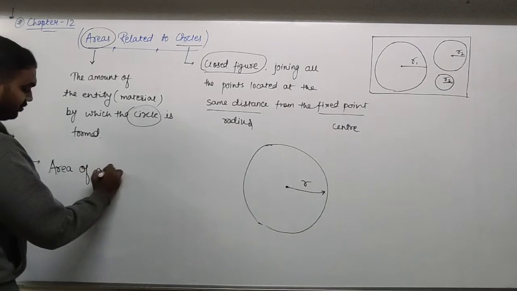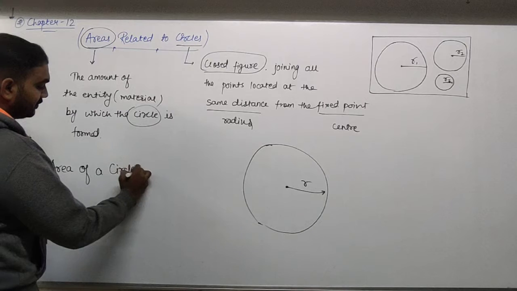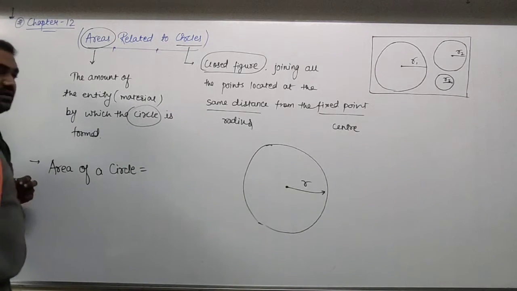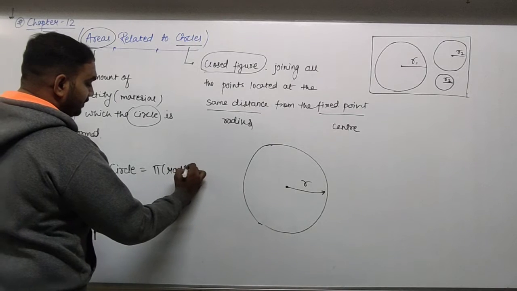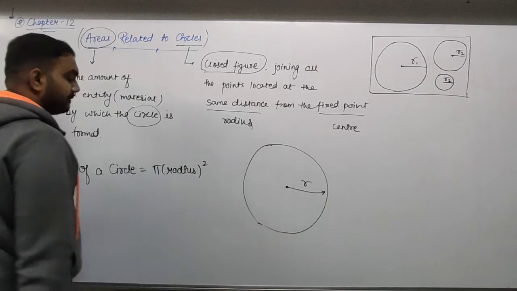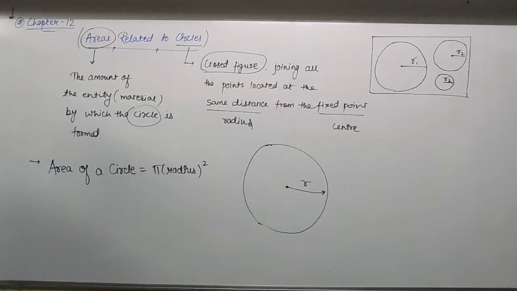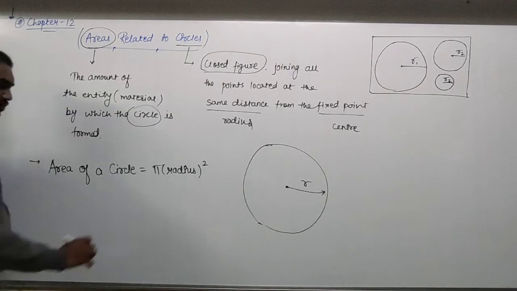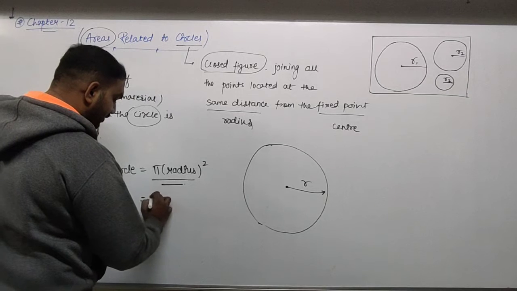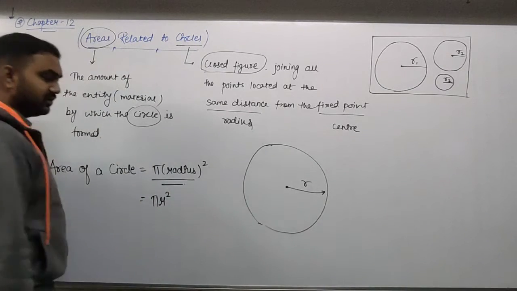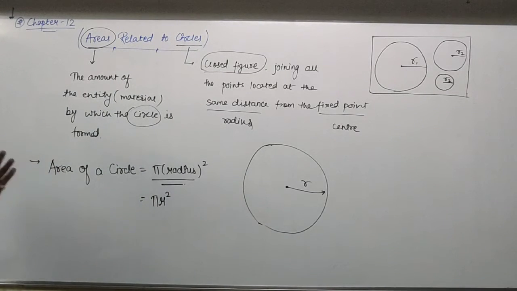Area of a circle is given by pi into radius square, right? This is how we can get the area of circle. Shortly, we can write it down as pi r square. This is the formula to find out the area of a circle.